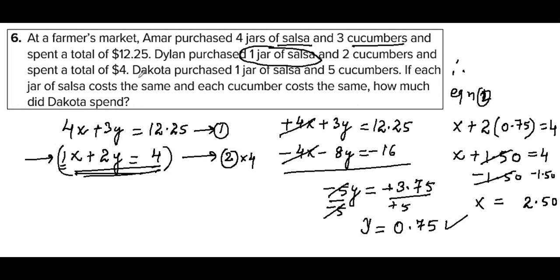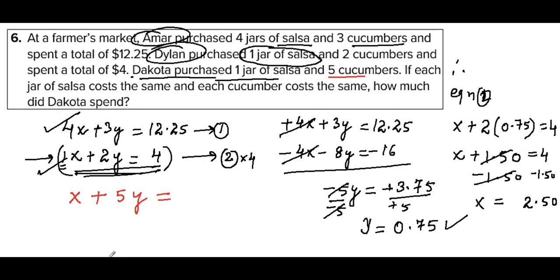Now the third thing they are asking. First person is Amar, first equation for Amar, second equation for Dylan, and third they are asking: Dakota purchased one jar of salsa, so 1x, plus 5 cucumbers, 5y, because y represents cucumber.